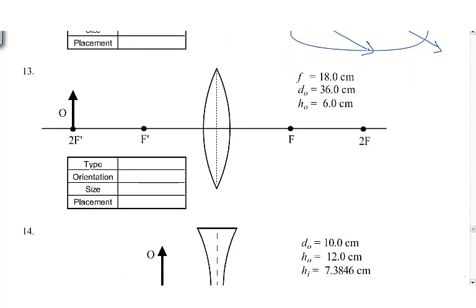Example 13. Parallel to the axis, and then through the focal point. And I'm going to use the second rule just for fun here. I'm going to go through the focal point and then parallel to the axis.